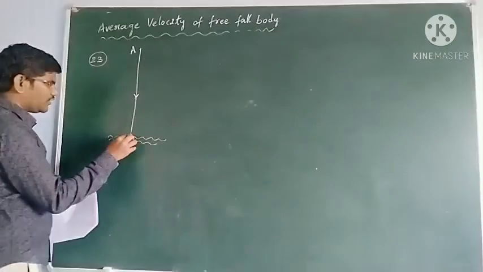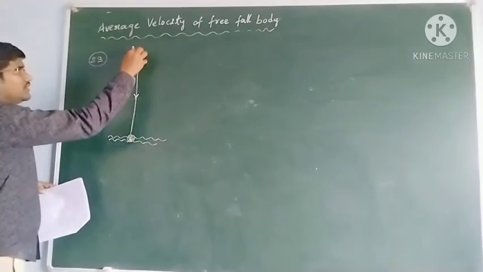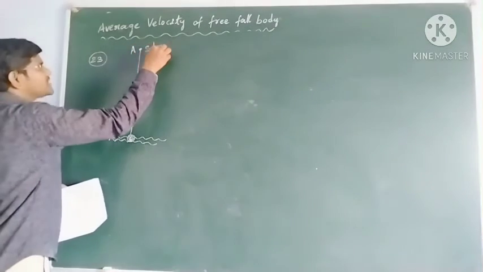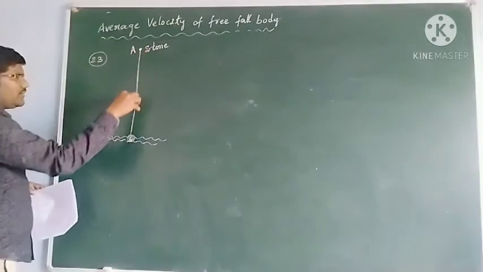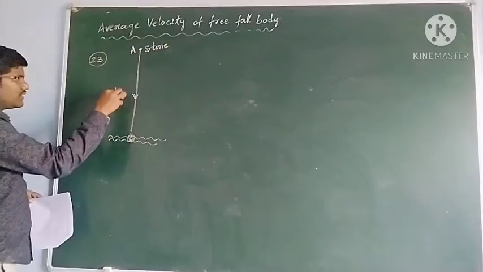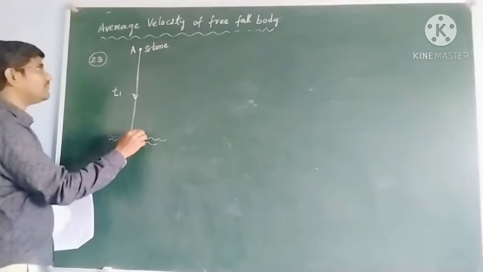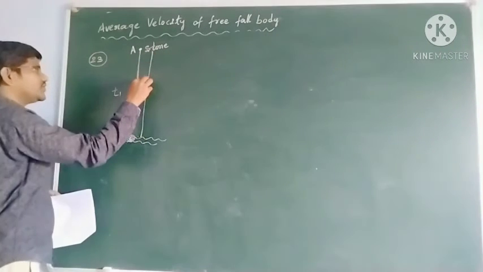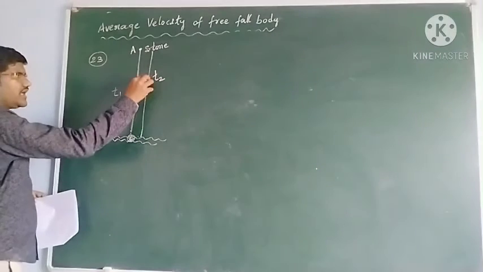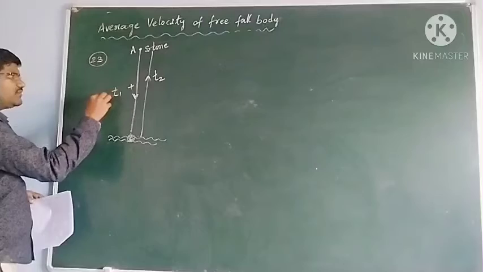This is our stone. It takes some time to come and hit this water, so that time is t1. And the sound wave takes some time to reach the ear of the observer, that is t2. So the downward journey time taken is t1, the upward journey time taken is t2. The total time is t.